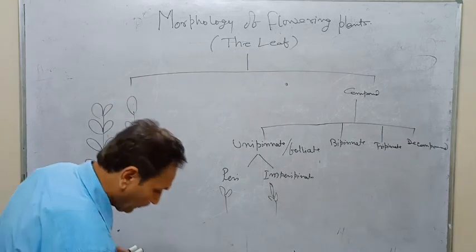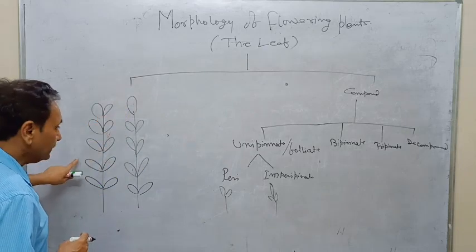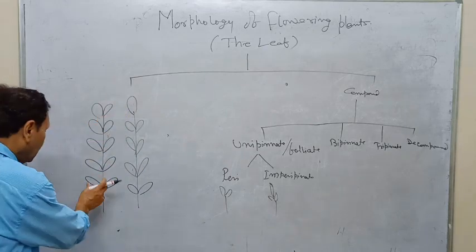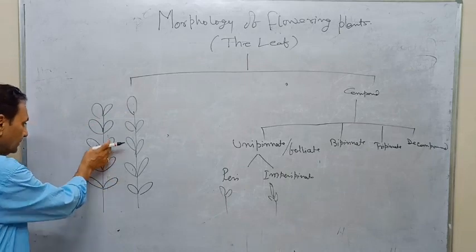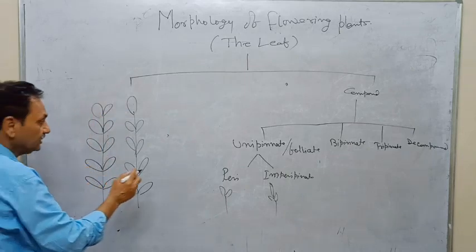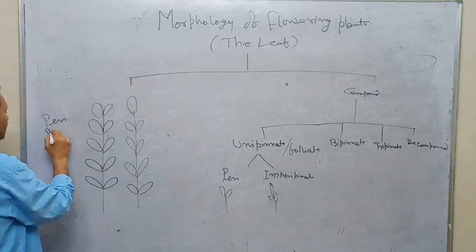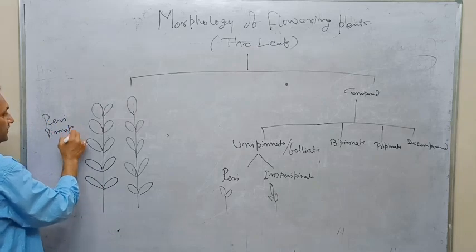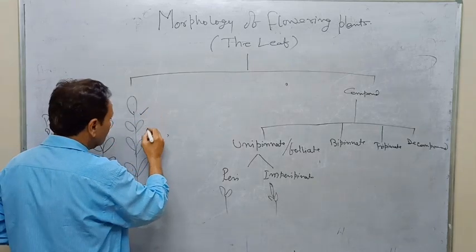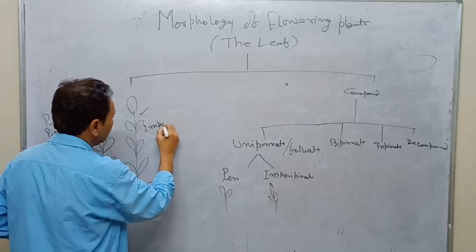Here we will see that it is the odd number, it is the even number. If the pinnate leaflets are even in number, then it is called paripinnate. Paripinnate. And if the number is odd, that is called imparipinnate. Imparipinnate.